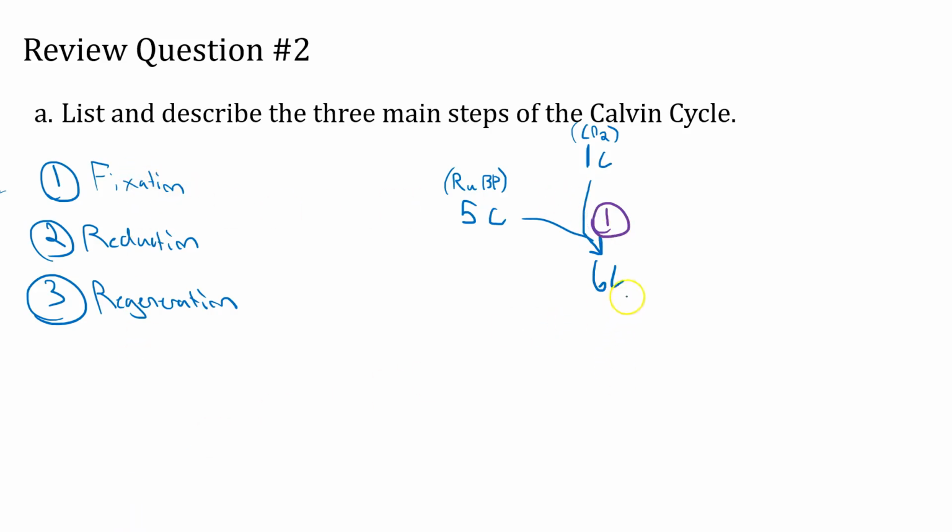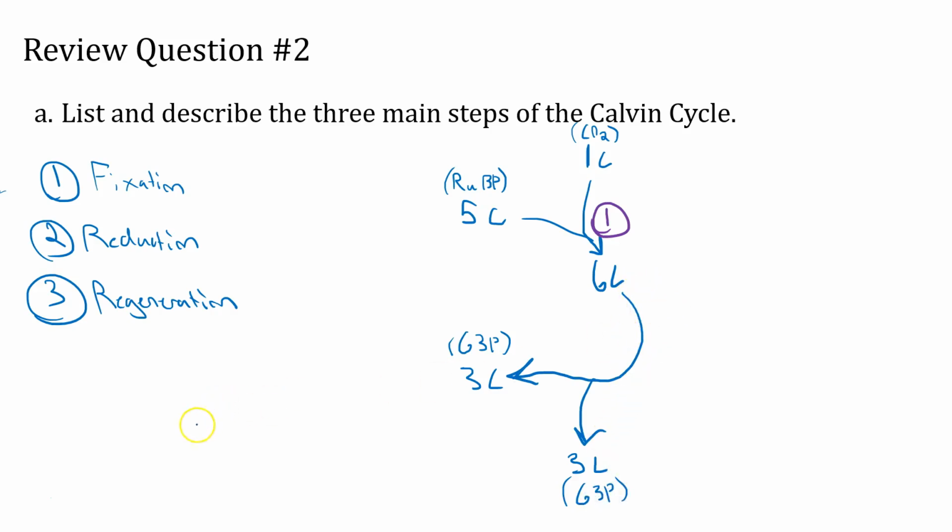The next thing is that the 6 carbon molecule is going to get split into 2 3 carbon molecules. And the name of these 3 carbon molecules is glyceraldehyde 3-phosphate, or G3P, we call it.